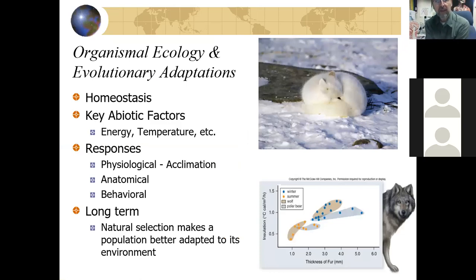In the chapter, at the lowest level, when you talk about individual organisms, they must maintain homeostasis and survive in their environment. And so they have adaptations to allow them to survive in that environment. They all deal with these abiotic factors, energy, temperature, etc. And so their responses can be physiological, anatomical, or behavioral.